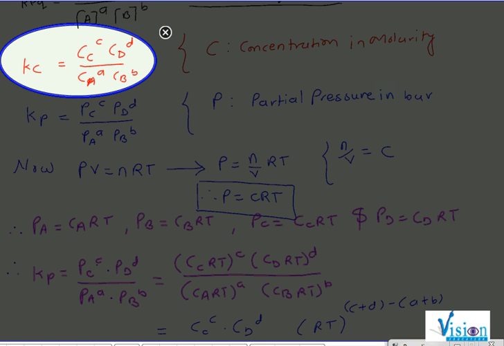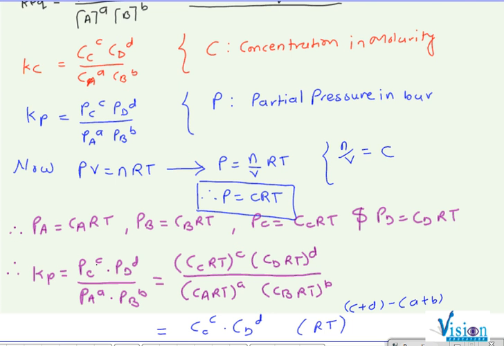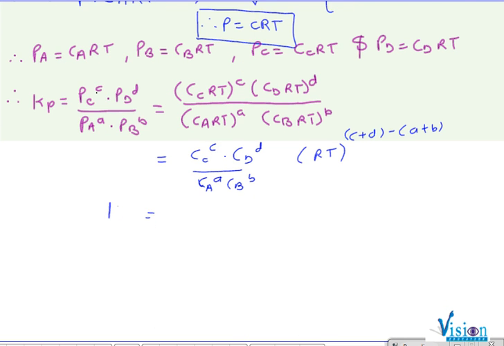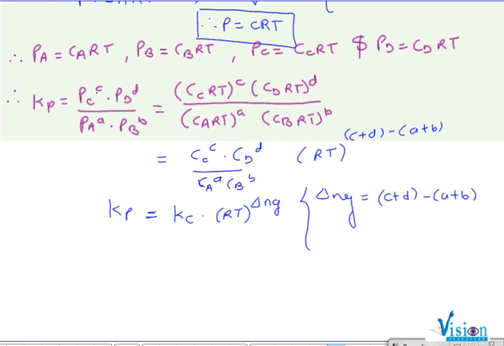ठीक है. So Cc raised to c, Cd raised to d, Ca raised to a, and Cb raised to b की जगह पर हम क्या लिख सकते हैं? कैसे? Okay, let's do that. So here Kp equals to, instead of this we are going to write down Kc into RT raised to delta Ng, where delta Ng equals to c plus d minus a plus b.